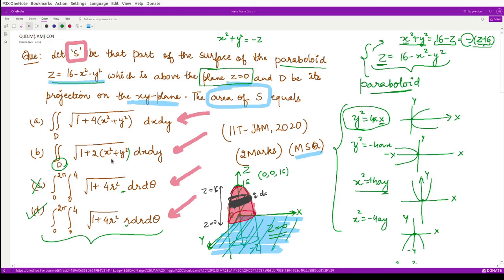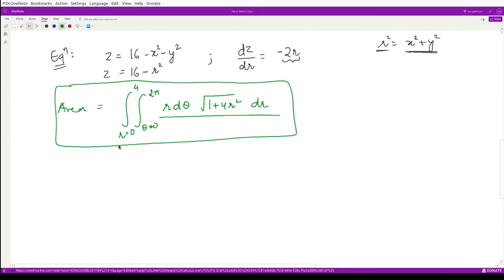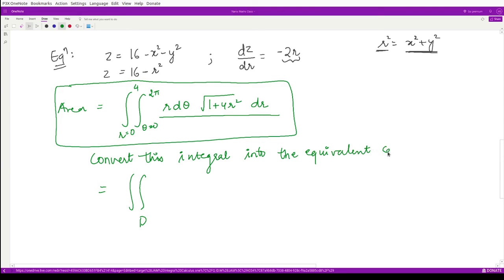So in this case, we are to tell what is true among A and B, right? Here, your area would be written as the projection over D. And if you convert this integral into the Cartesian form, let's convert this integral into the equivalent Cartesian coordinates.